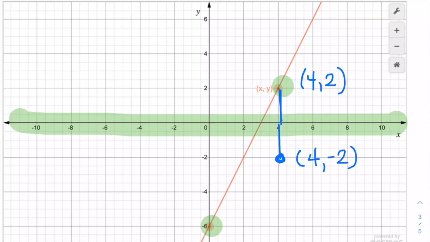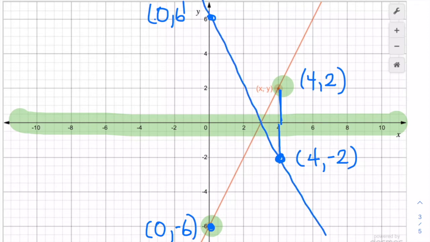Now let's look at this other point down here, the y-intercept, 0, negative 6. If that's reflected on the x-axis, it's going to be 0, positive 6. So if I was going to draw this reflection, you notice that it intersects on the x-axis at the x-intercept. So it always crosses at that point like a mirror.